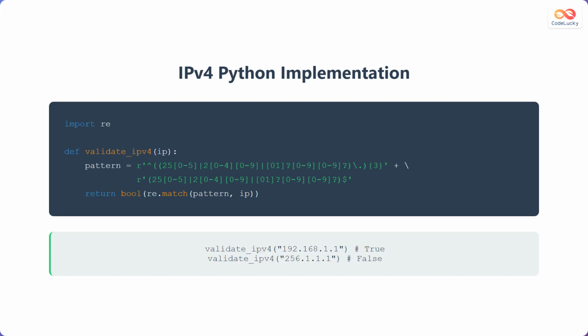The function returns true if there is a match, indicating a valid IPv4 address, and false otherwise. Example usages are shown on the screen. Calling validate_IPv4 with 192.168.1.1 returns true, and with 256.1.1.1 returns false.